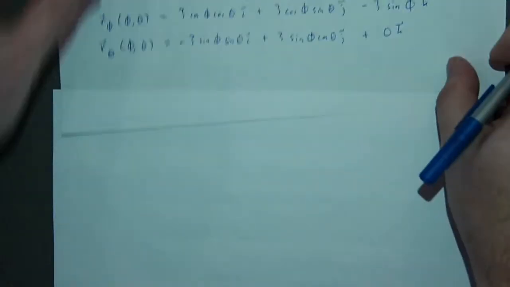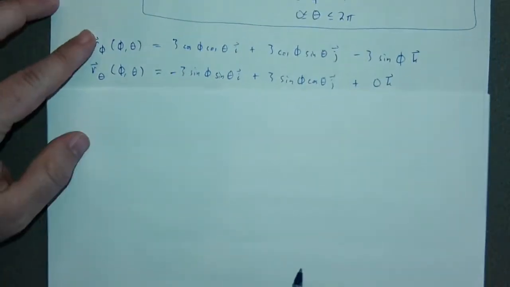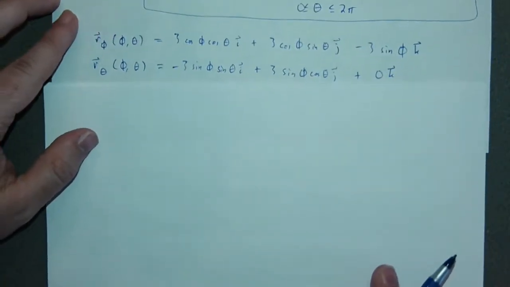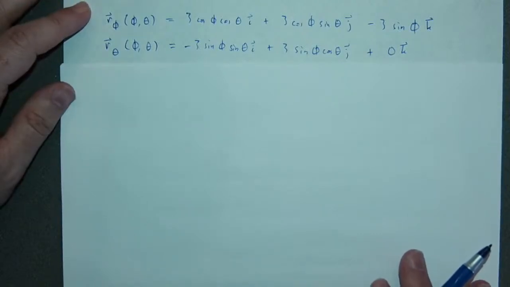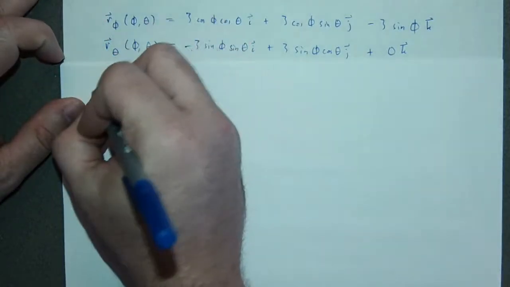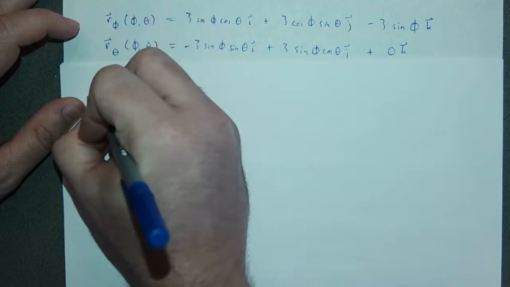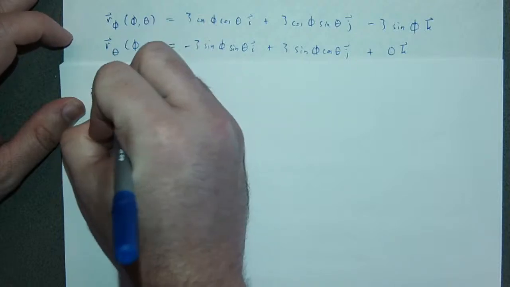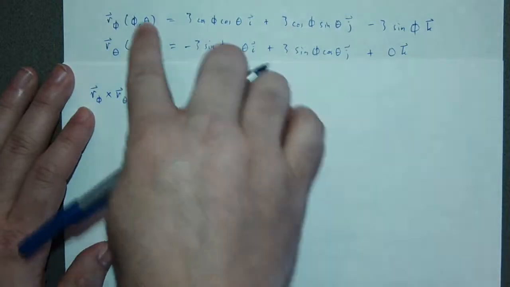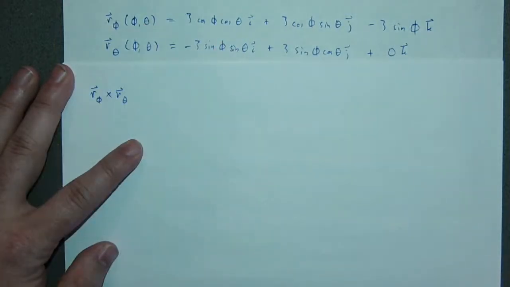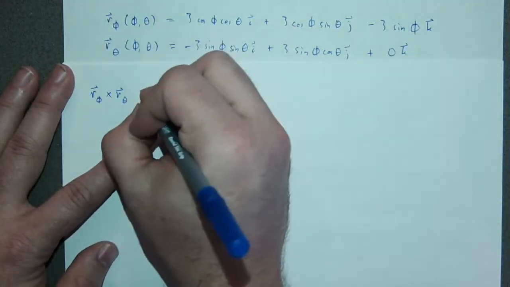So let me bring this back. I want to keep that on screen here. Let's compute r sub phi cross r sub theta. I'm going to suppress the notation here. Obviously, these depend on both phi and theta, so don't get any wrong ideas.